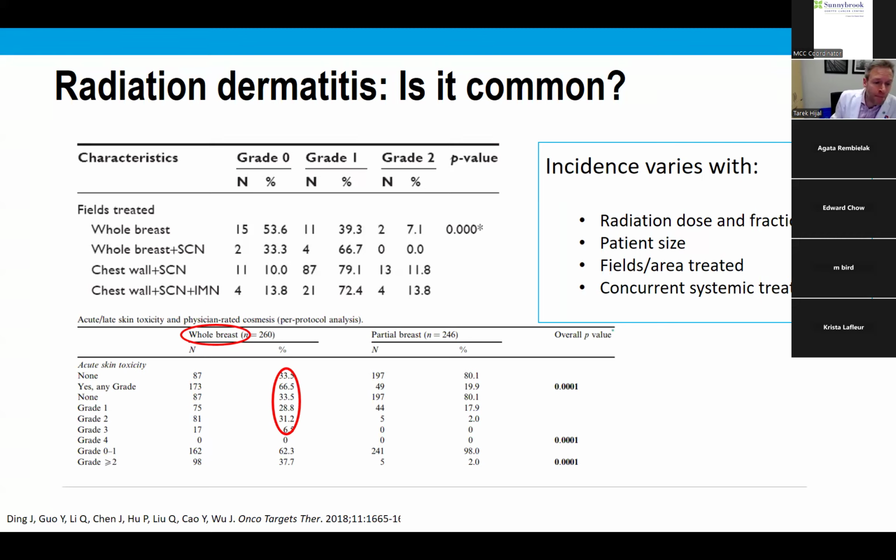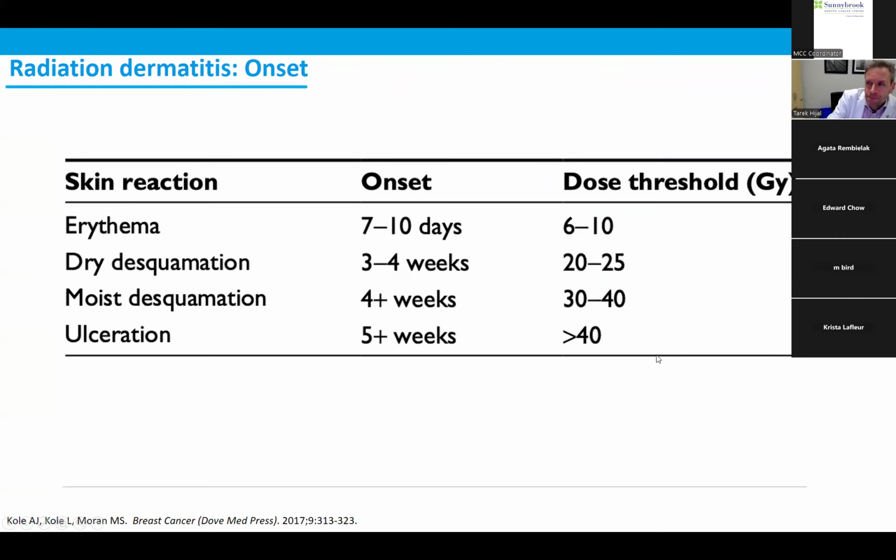You can look at many different studies, and you're looking that a majority of patients will get some sort of dermatitis after radiation to the breast. And that can vary, obviously, depending on the dose, the fractionation, patient size, where are we treating, and is there any concurrent treatments being given, which can worsen the dermatitis.